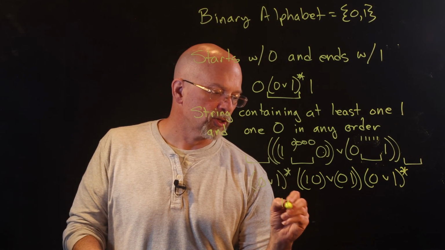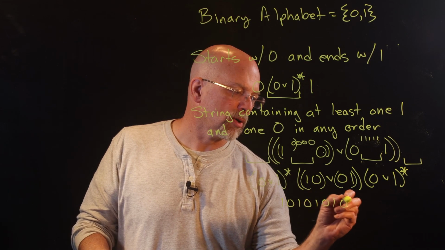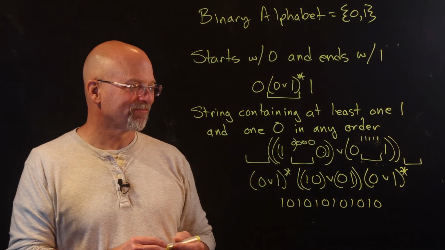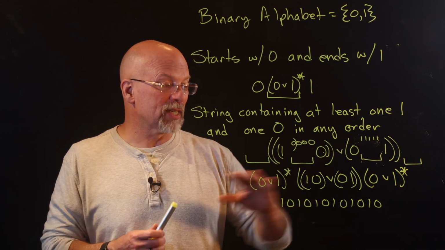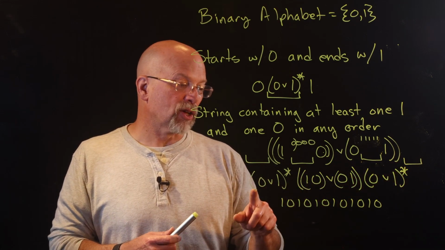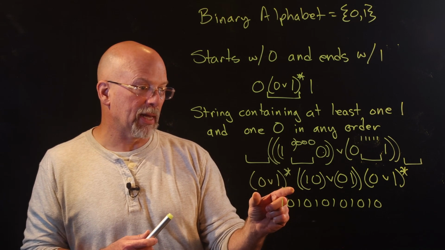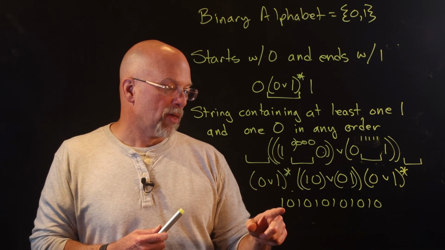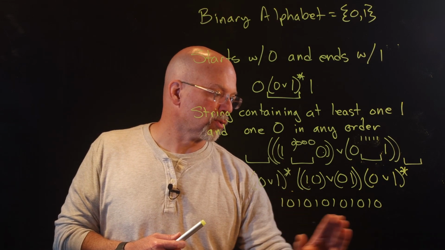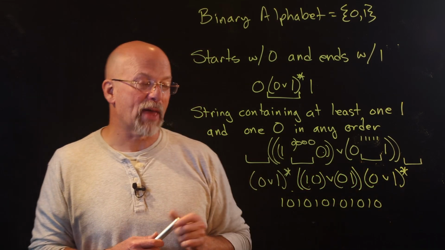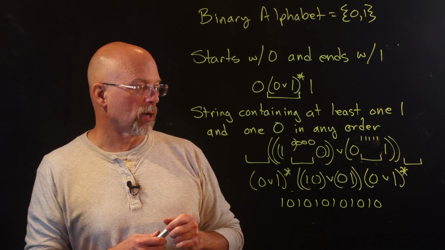Try another one. How about 1, 0, 1, 0, 1, 0, 1, 0, 1, 0, 1, 0, okay? This string right here, well, goodness, there's all sorts of ways it'll match this regular expression. I could have this first bit right here representing the empty string. The 1, 0 is that bit right there, and then the rest of the string, this piece right here, could be generated by that regular expression.